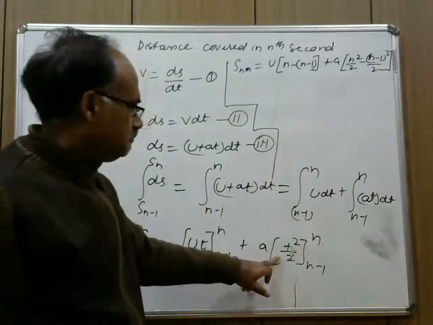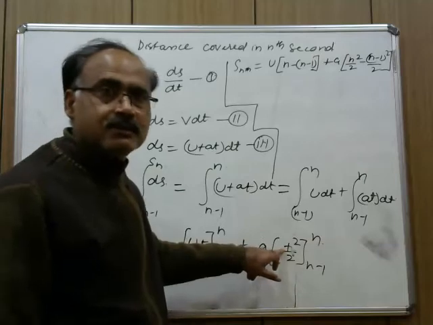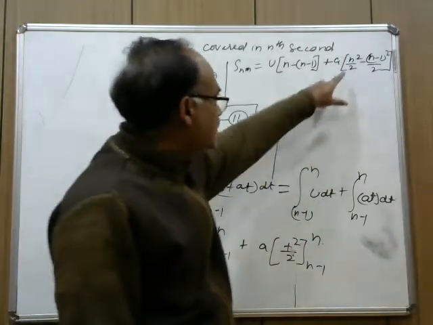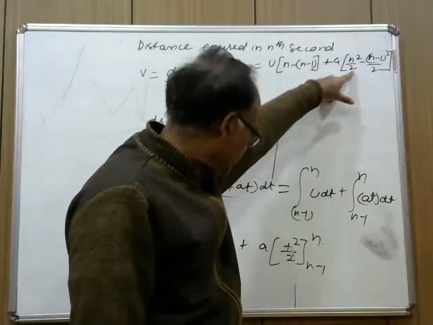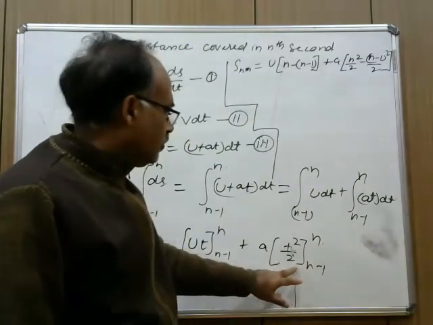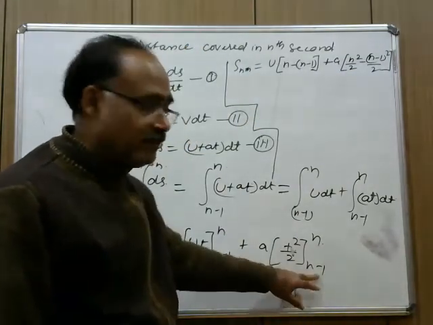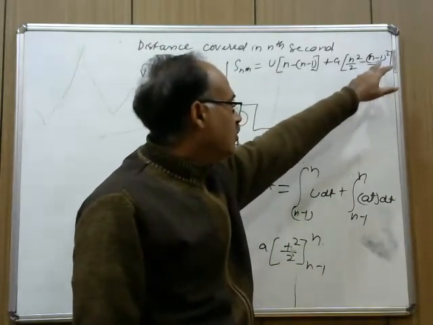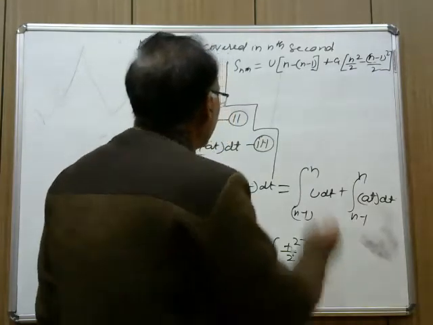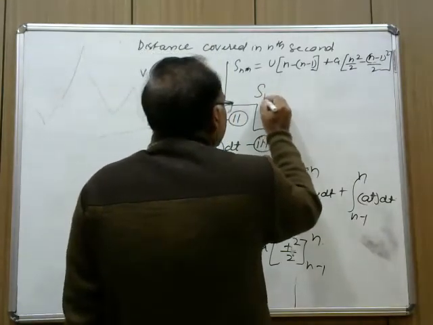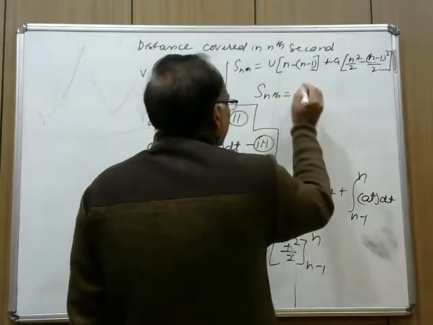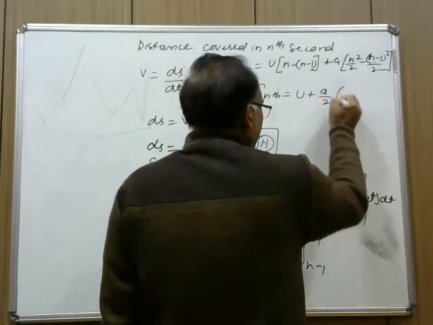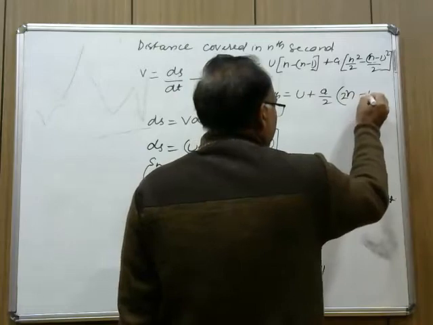Here, we first kept the value of t as n, and it becomes n square by 2, and then we kept the value of t as n minus 1, and it became n minus 1 whole square by 2. Now, by solving this, you can write u plus a by 2 in bracket 2n minus 1.